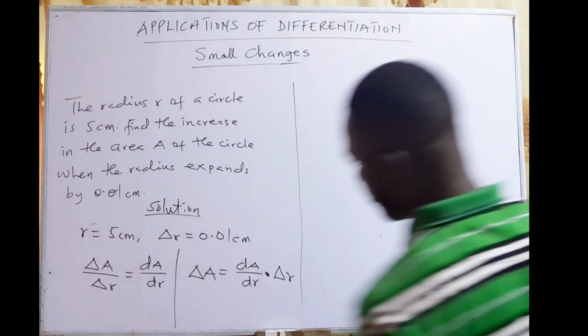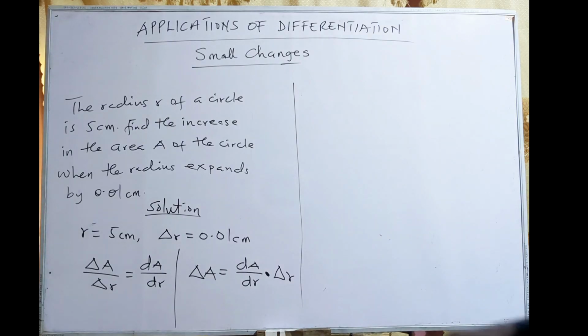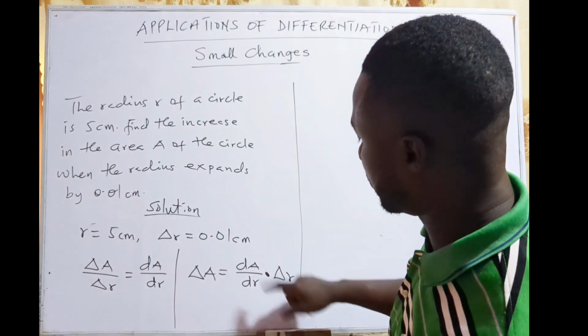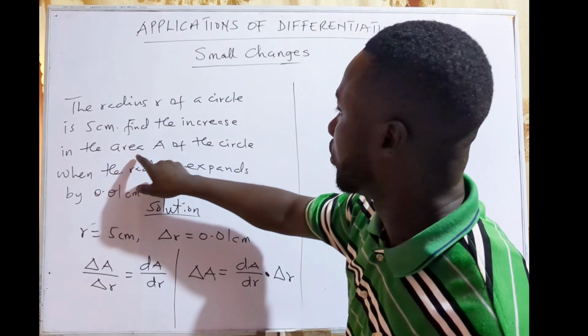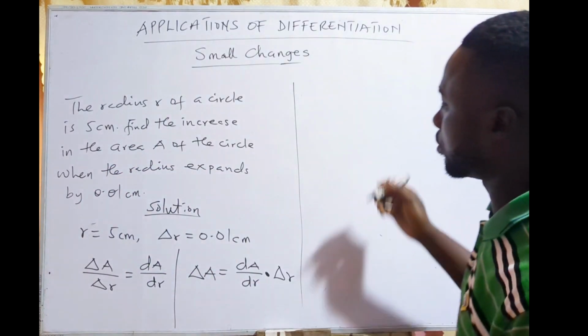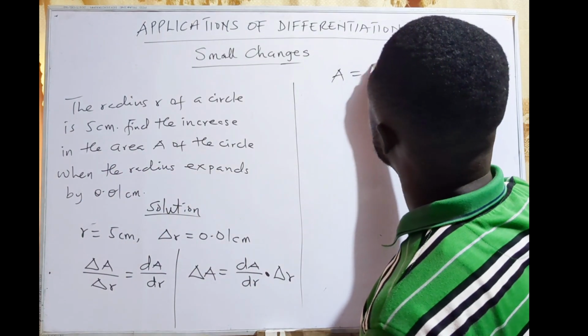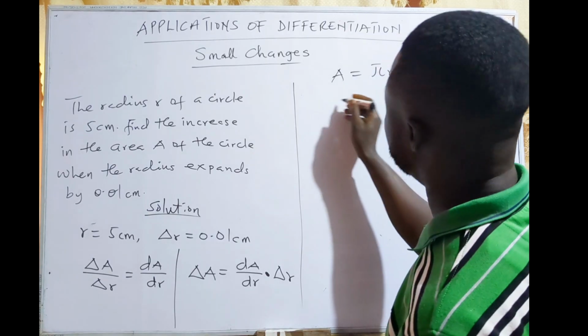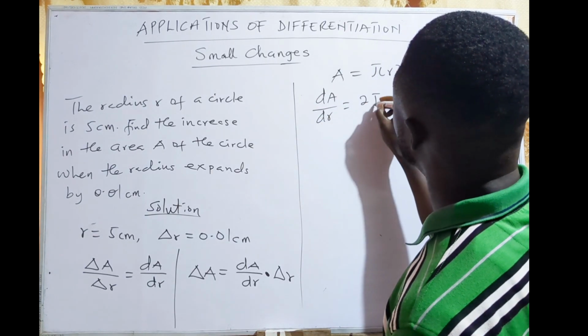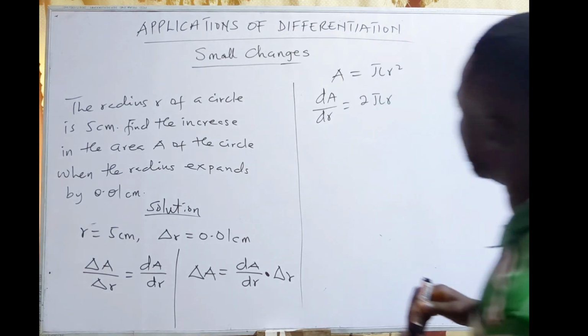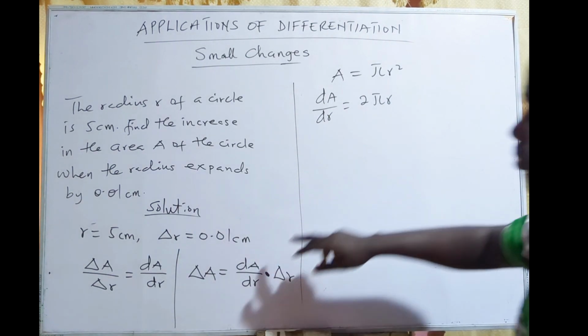So that is so simple for us. And we are talking about the area of a circle, which is pi r square. So that we can get dA on dr as 2 pi r.